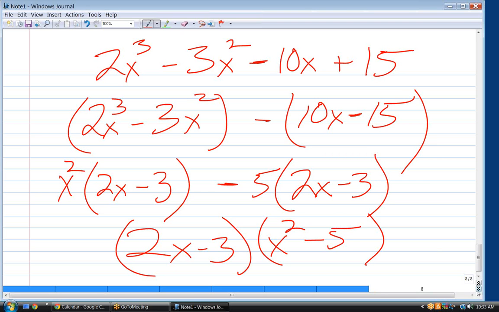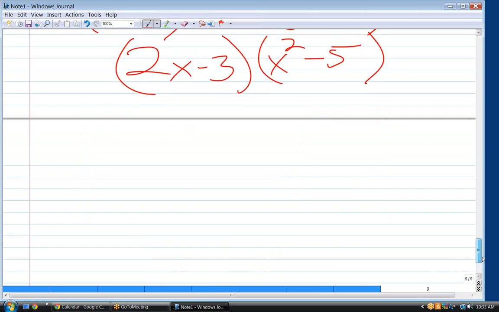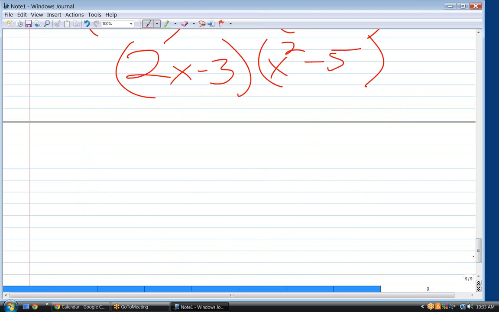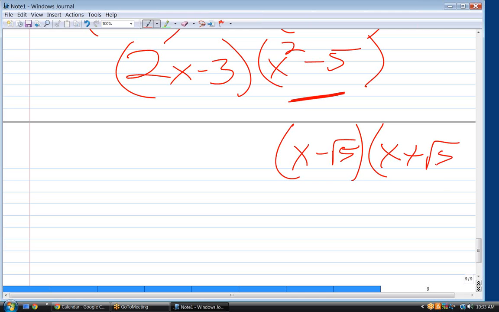Okay. Now, I don't know whether your teacher wants you to go further than that or not. That is the difference of squares, and it could be written as x minus square root of 5 times x plus square root of 5. In other words, they've really been lying to you this whole time. It doesn't have to be difference of perfect squares.